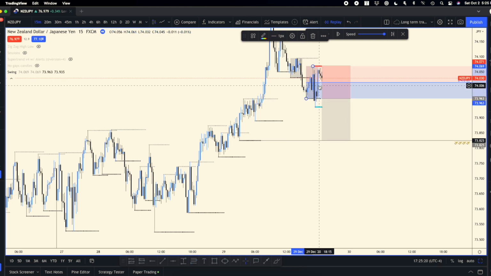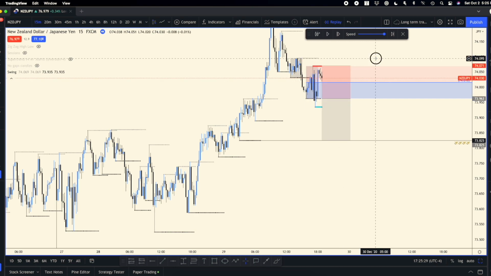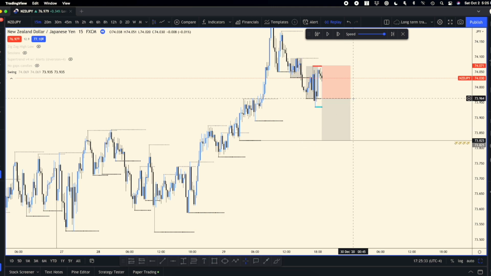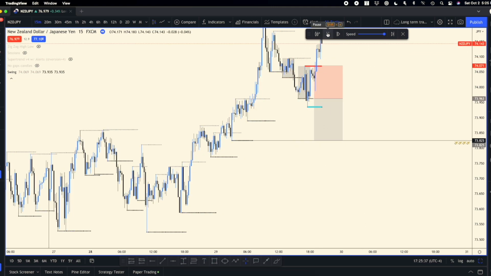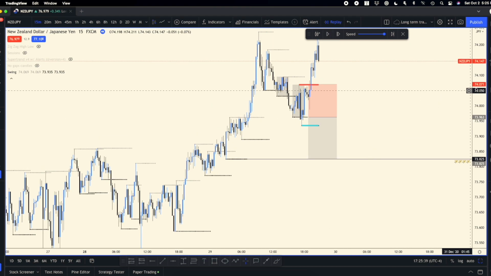Yeah, so when it broke, it came back, retraced, we would have been in some drawdown, right? If we would have jumped into a sell limit, would have been in some drawdown, as you can see right here. Yeah, probably would have been a little nervous, right? But right now I'm looking to take this on a sell stop. So let's see what happens. We didn't get triggered in.